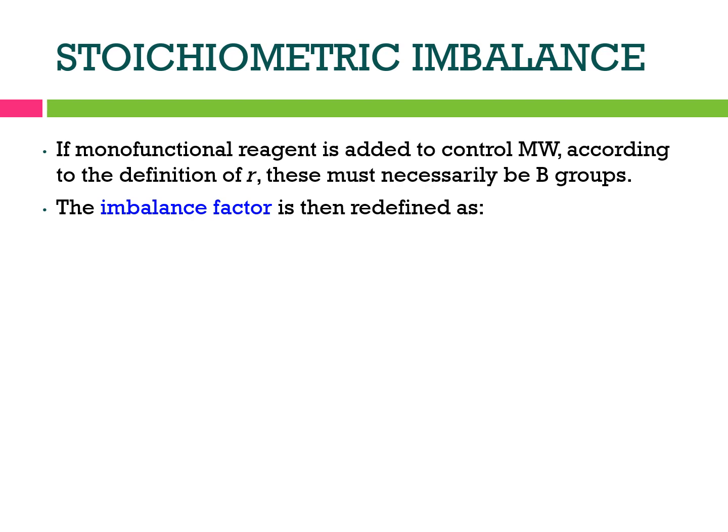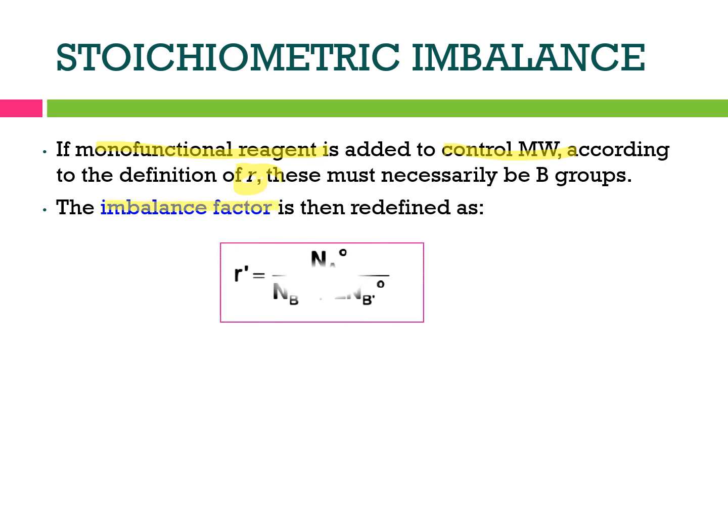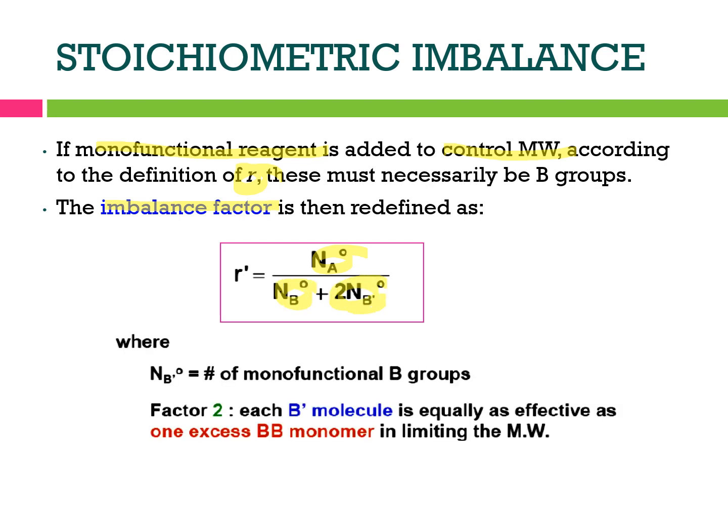However, if you use another monofunctional reagent to limit the molecular weight of the polymer produced, you have to modify the definition of stoichiometric imbalance R. So the imbalance factor R can be redefined as R equal to the initial functional group A divided by the initial functional group B plus 2 times the initial functional group B'.